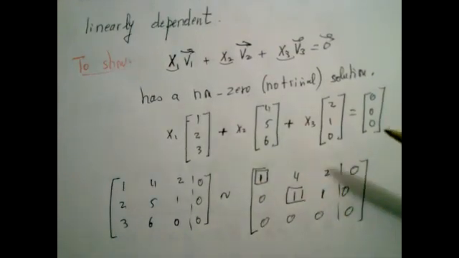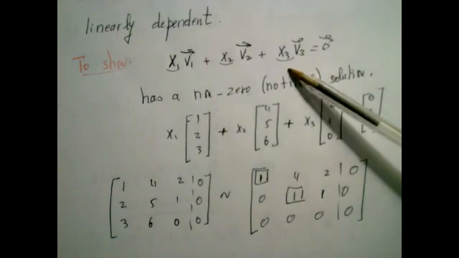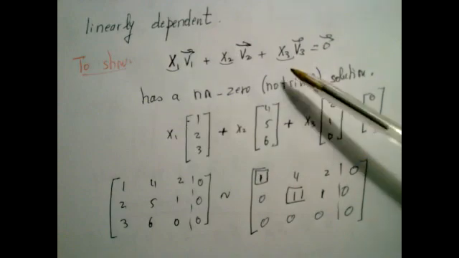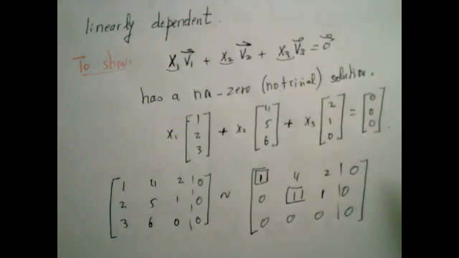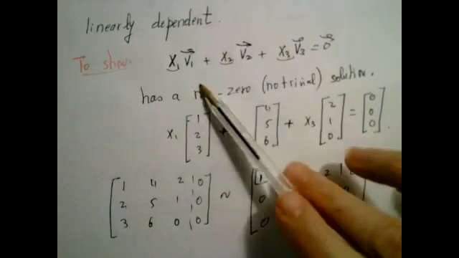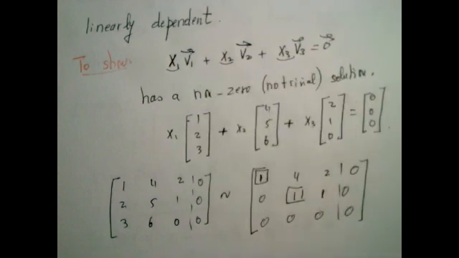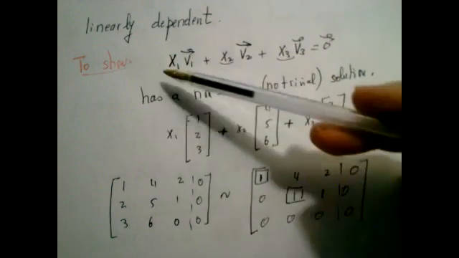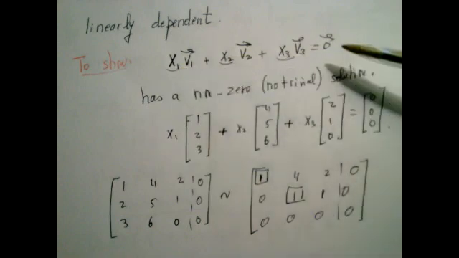So now my question: does this equation have a non-zero solution, yes or no? Can you find scalars, not zero, that will satisfy this equation? Now I know zero satisfies it, 0, 0, 0. Are there non-zero solutions? Yes or no? Back to you.